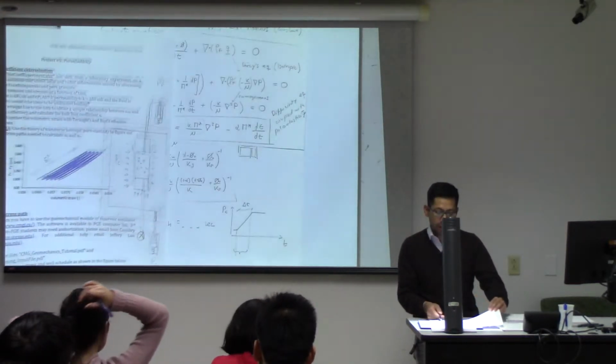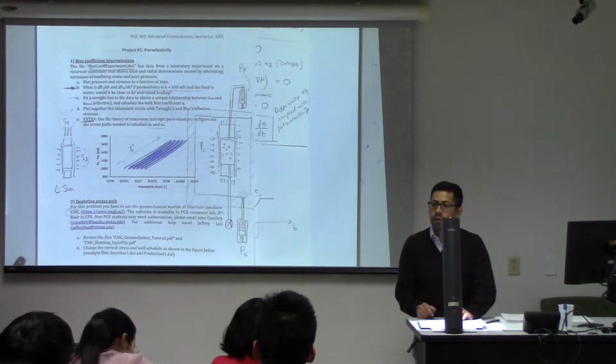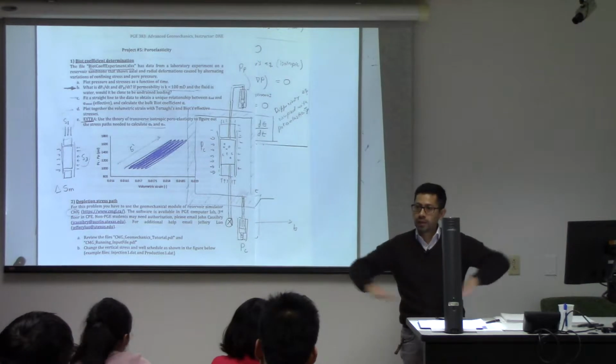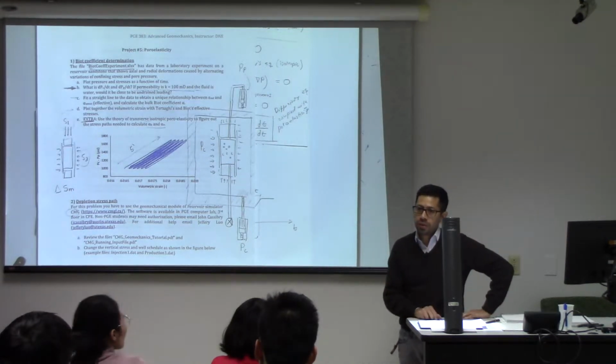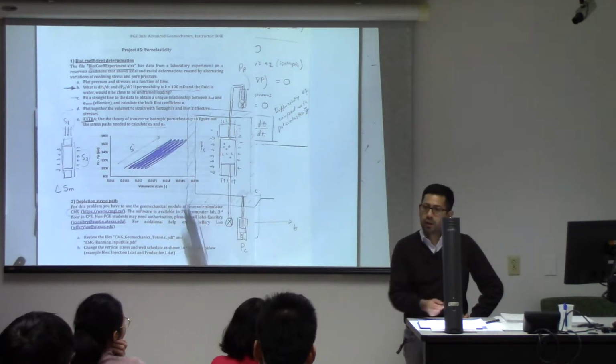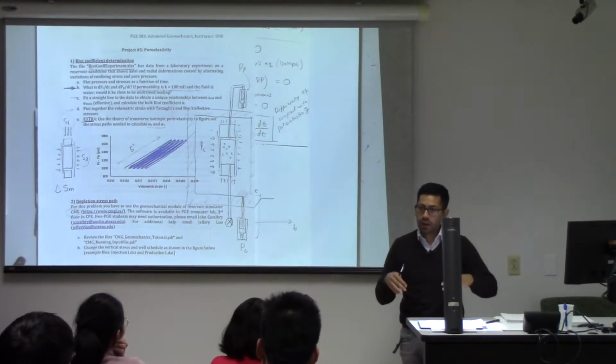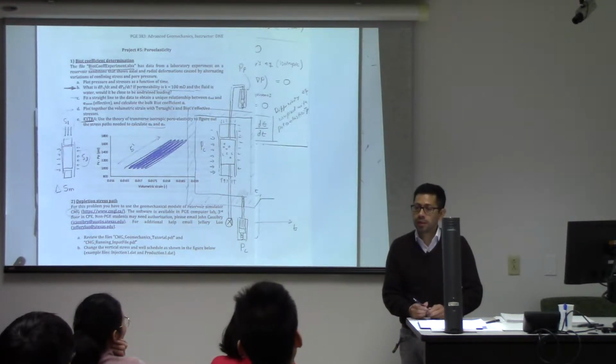But it takes less than 1 second for that rock, if you load it, to release that pore pressure. So this was a drained loading. If you were to do this loading in a hundredth of a second, then you may go into undrained loading with the same sample.